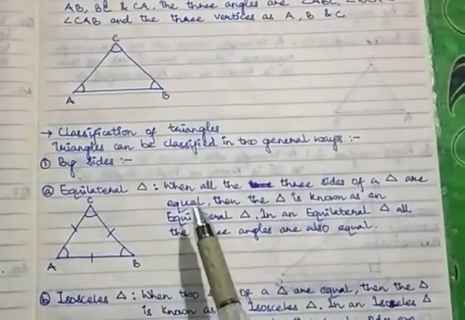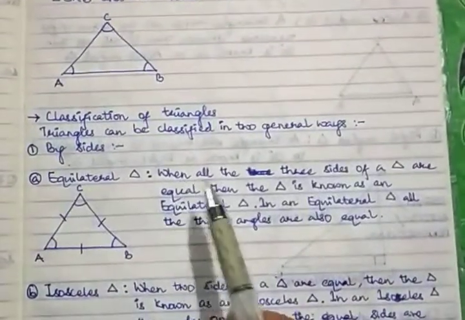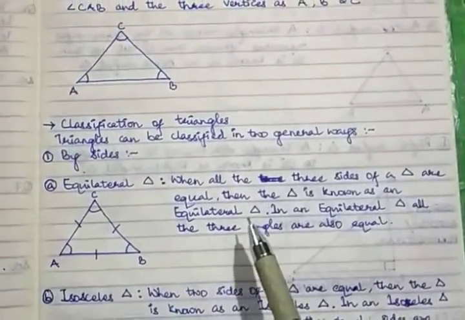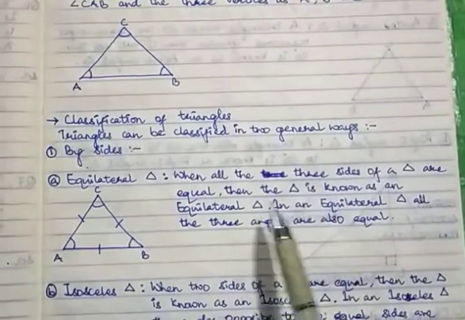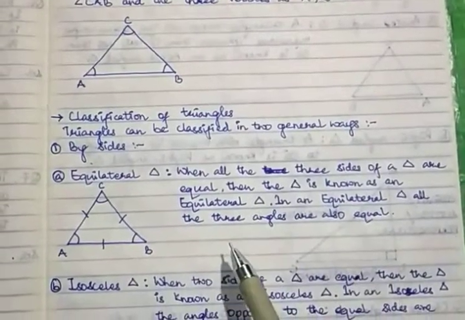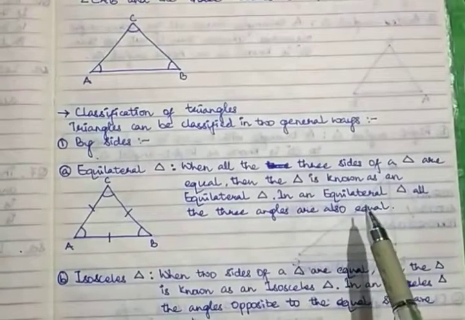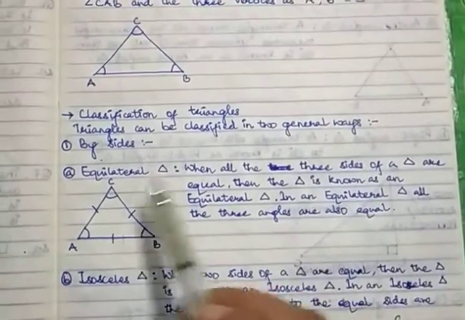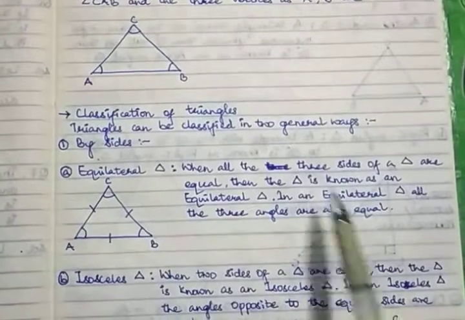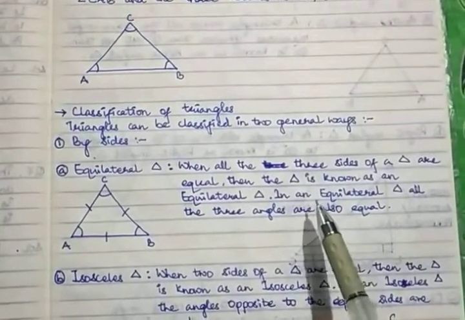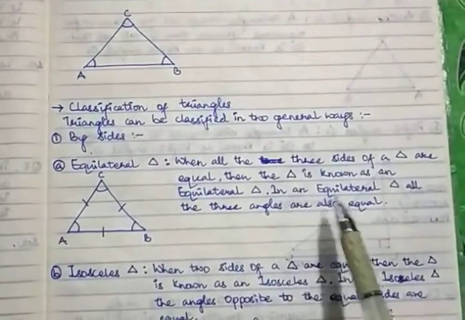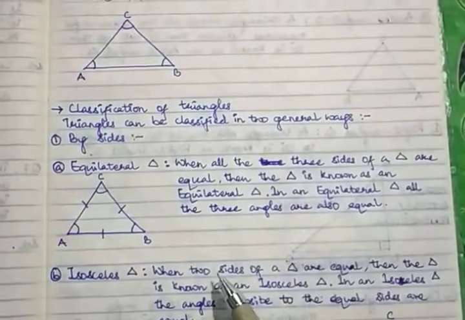An equilateral triangle is when all three sides of a triangle are equal. When all three sides of a triangle are equal, the triangle is known as an equilateral triangle. In an equilateral triangle, not just the three sides, since we are dealing with the sides of the triangle, but we also know that all three angles are also equal.